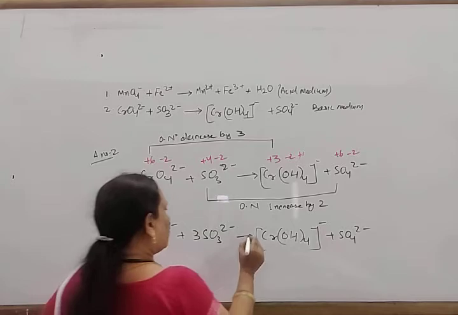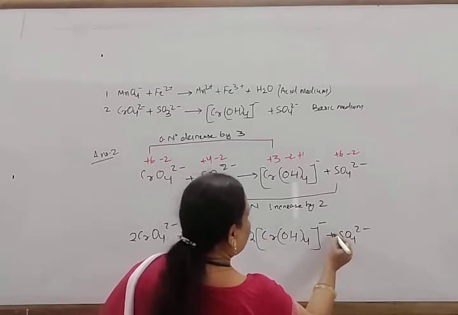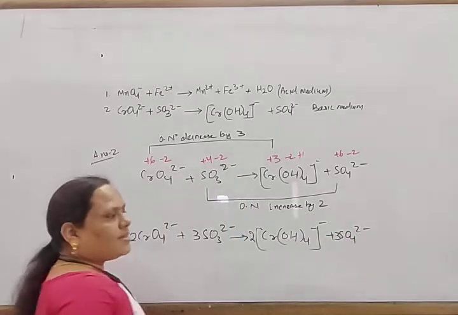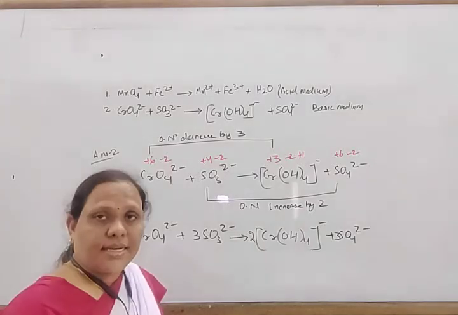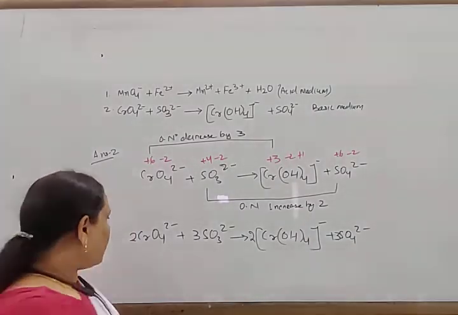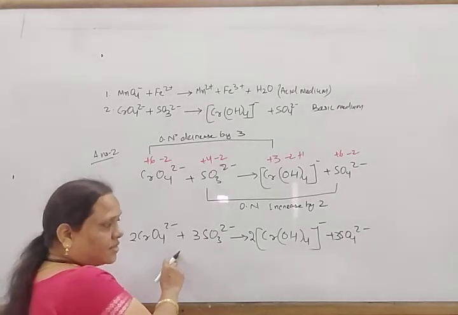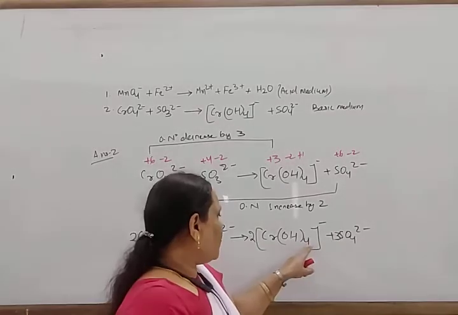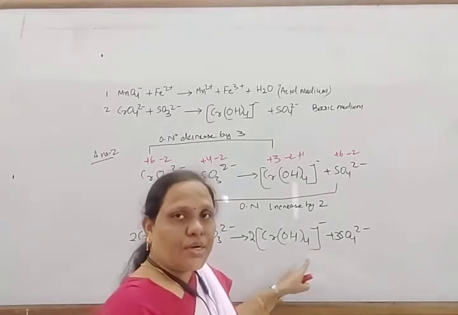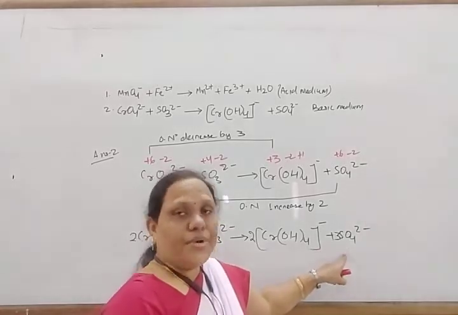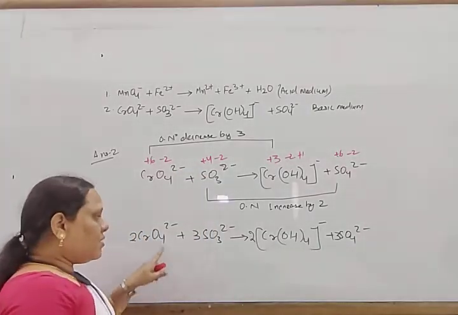Next, balance oxygen atoms. So how many oxygen atoms here? 2 into 4 that is 8, and here 9, total 17 oxygen atoms. And on the other side, 2 into 4 that is 8 and here 12, total 20. So on this side total 20 oxygen atoms and on that side total 17 oxygen atoms.